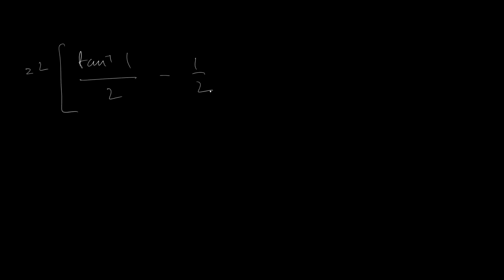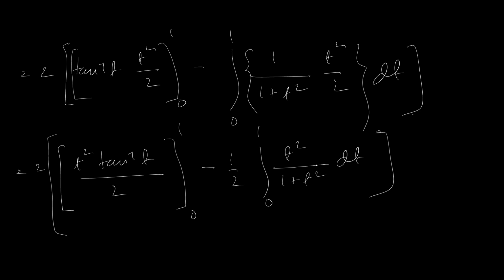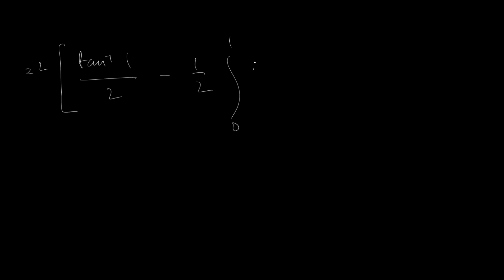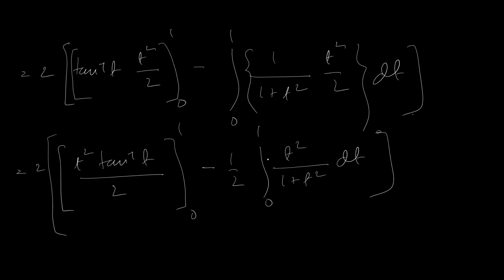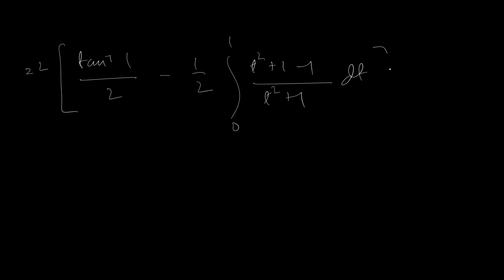This is minus 1 by 2, integration 0 to 1. What I will do is write it this way: t square plus 1 minus 1, by t square plus 1. 1 plus t square means t square plus 1. This is dt.